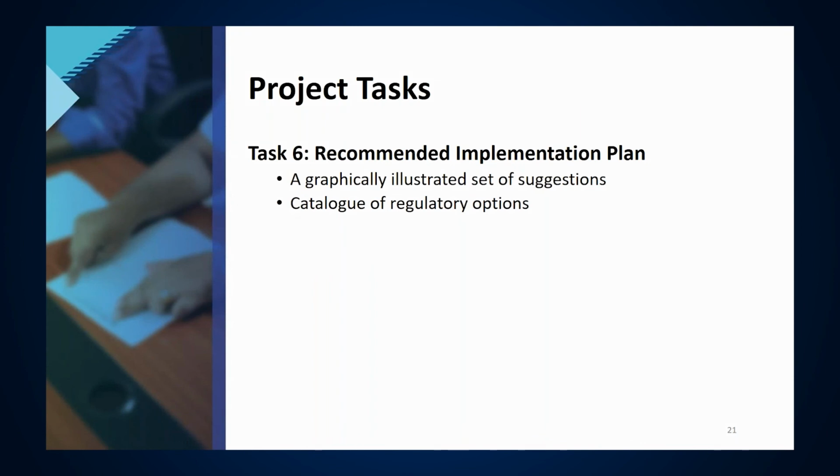As we go through that process, we'll come to a recommended implementation plan. This is getting to an understanding of what things may work in which places and what policies are working well in other places, and understanding the pluses and minuses of each of those.